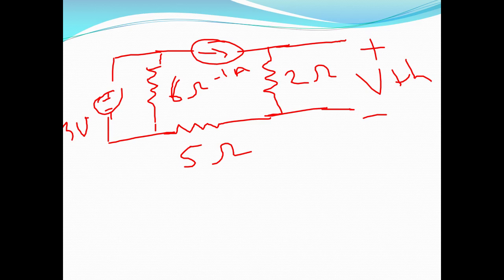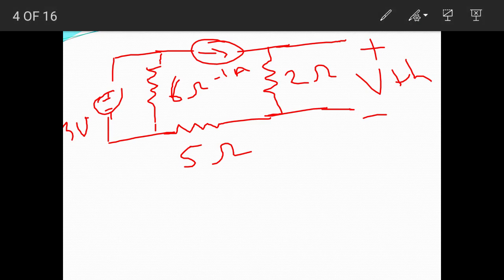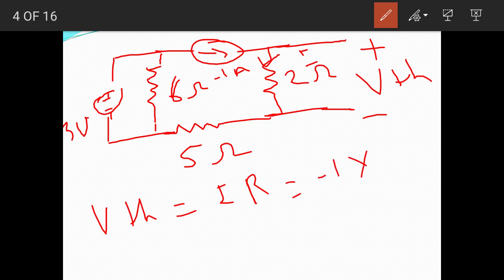VTH is the voltage across the open circuit terminals of the load. So VTH is equal to I into R, where I is the current in the 2 ohm resistance. The current in the 2 ohm resistance is -1 and R is 2 ohm. So the value of VTH is -2 volt.